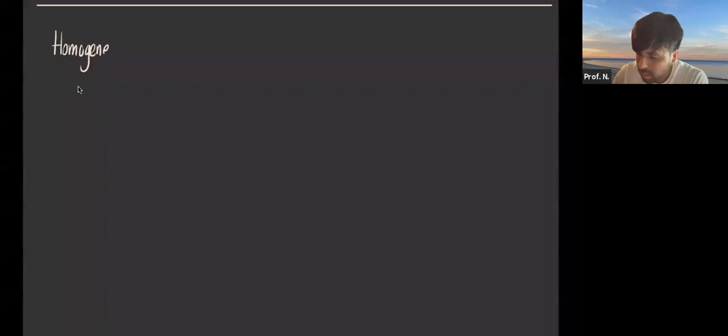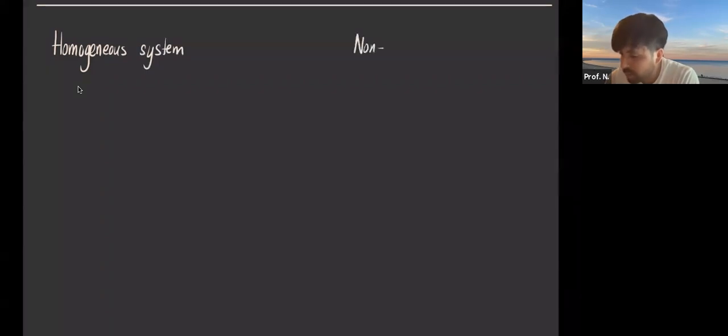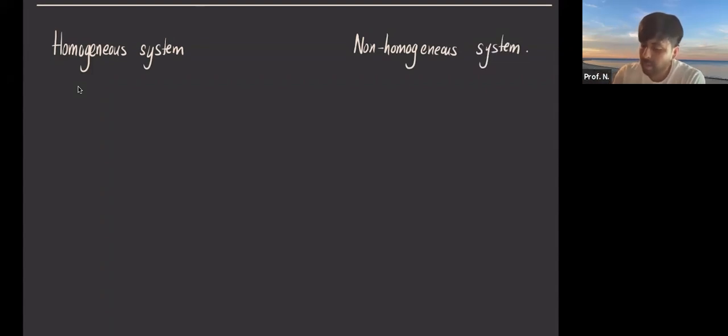And we have something that's called non-homogeneous. Of course, we're not dealing with the more scientific definition for homogeneous. We're dealing with the more mathematical term. So what makes a system homogeneous and what makes a system non-homogeneous?